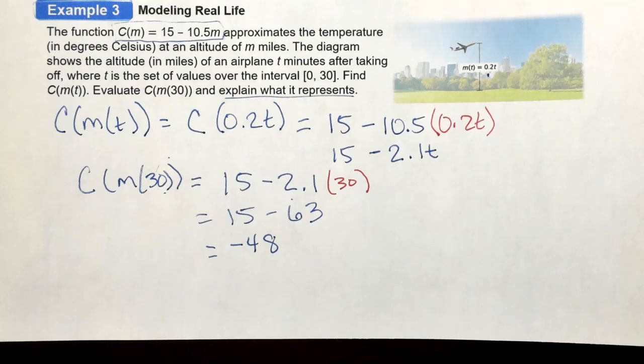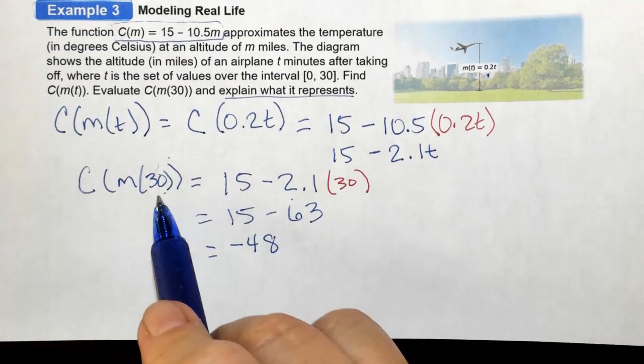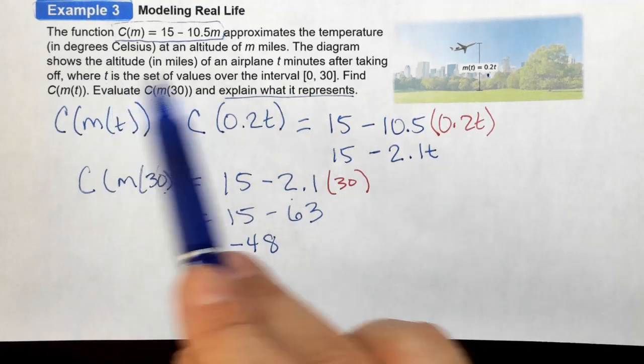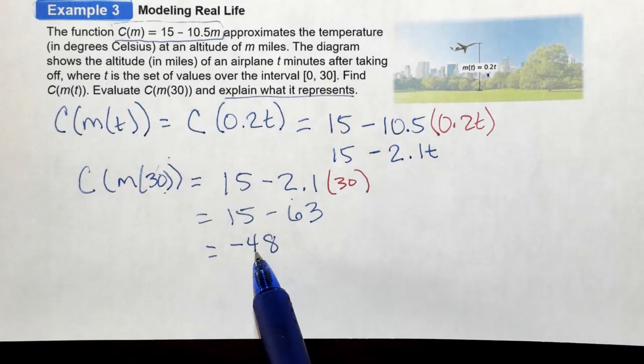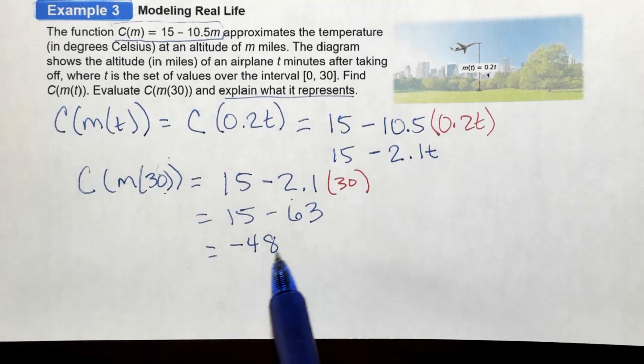All right, so what does this represent? So you get negative 48. We plugged in 30, which was given here. And remember they said t, which is the time, is the set of values over this interval. So they're saying that negative 48 indicates that after 30 minutes, the airplane is at an altitude that has a temperature of negative 48 degrees Celsius.